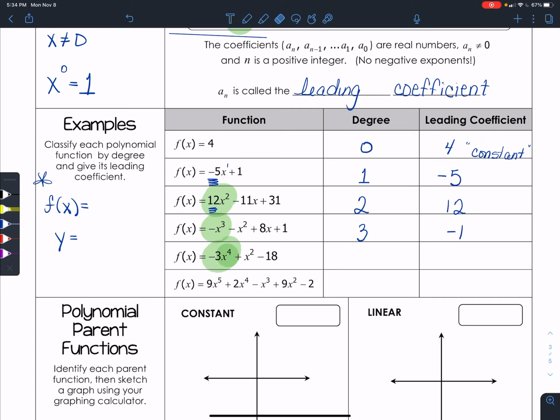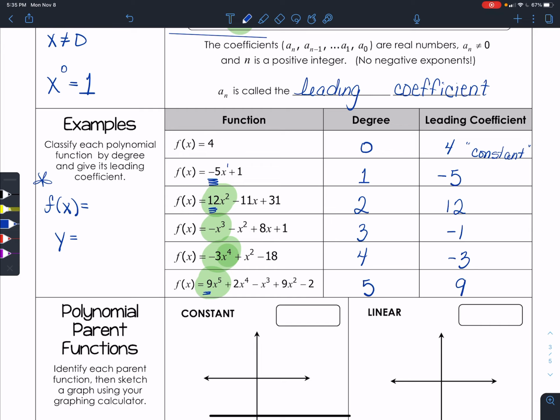So our leading degree is 4, and our leading coefficient is negative 3. On this final example, our leading term is 9x to the fifth. The leading coefficient is 9, and the leading degree is 5.